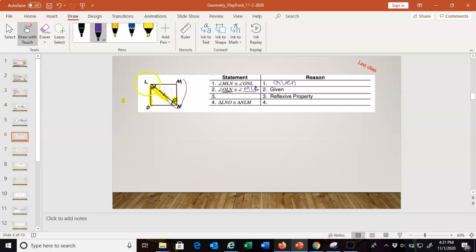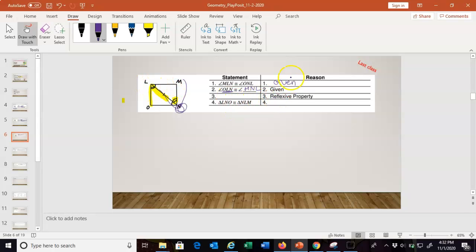Or if you wanted to, you could say LNM. I'm sorry, why did I say L? Let me erase this. Did you guys see that? MNL. There we go. Or you could say LNM. As long as N is the vertex of that angle, that's all that matters. That's the one that's labeled with those two curve marks, which matches OLN.